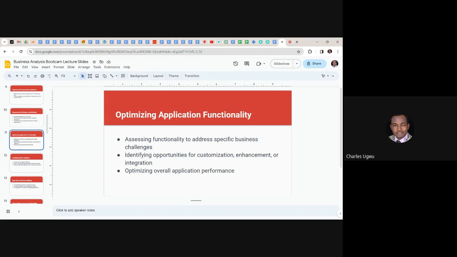It's because these enterprise applications have been integrated, and the two systems can share information in real time.